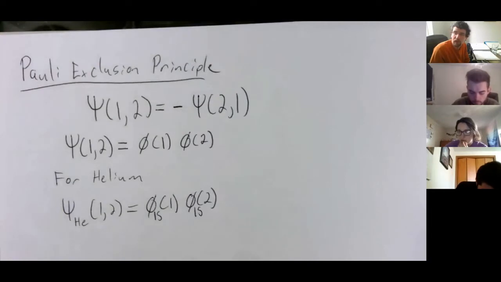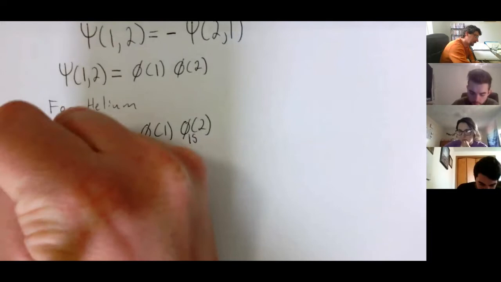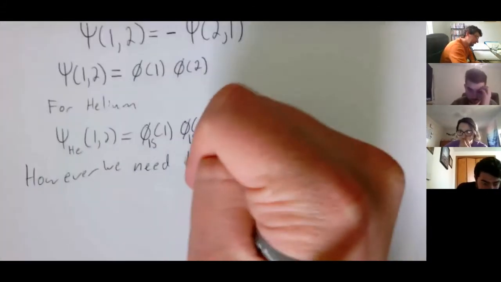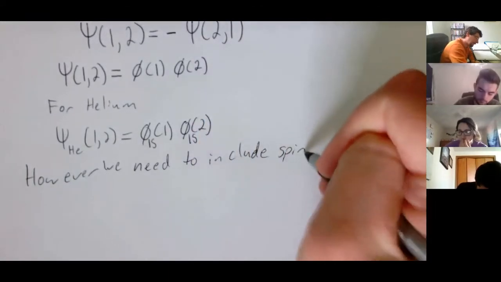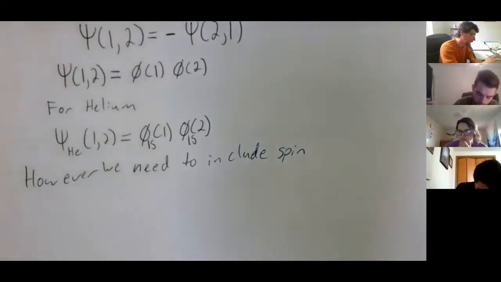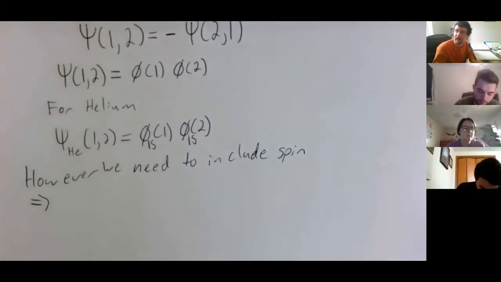But we're forgetting one important parameter, one that we discussed a little bit. We're leaving off the electronic spin. However, we need to include spin, like that m sub s, positive 1/2, negative 1/2. For the spin part of the wave function, we're going to indicate an up spin and a down spin with an alpha and a beta.